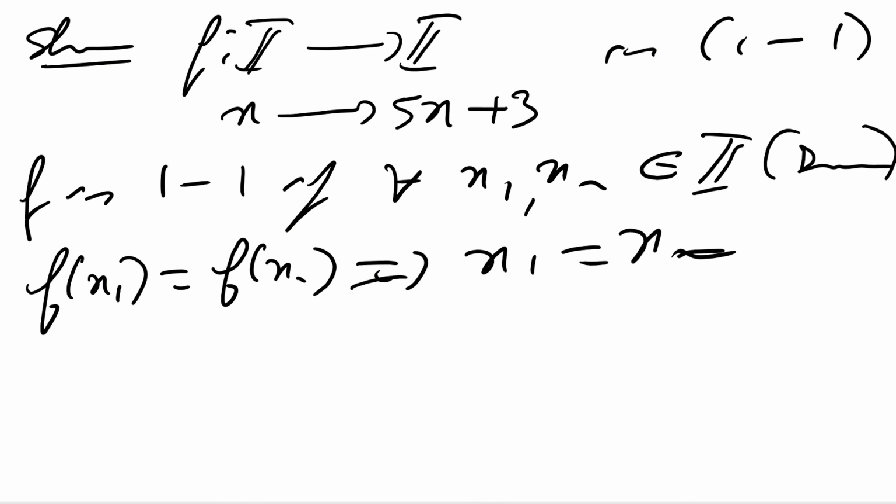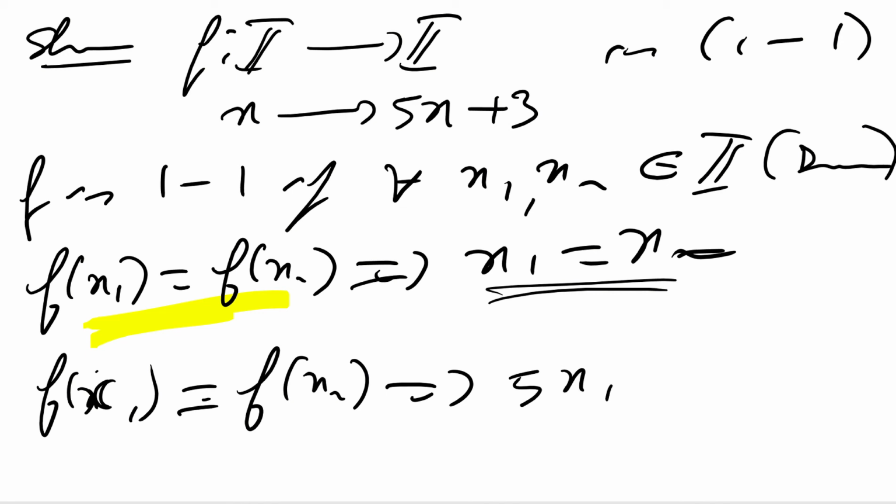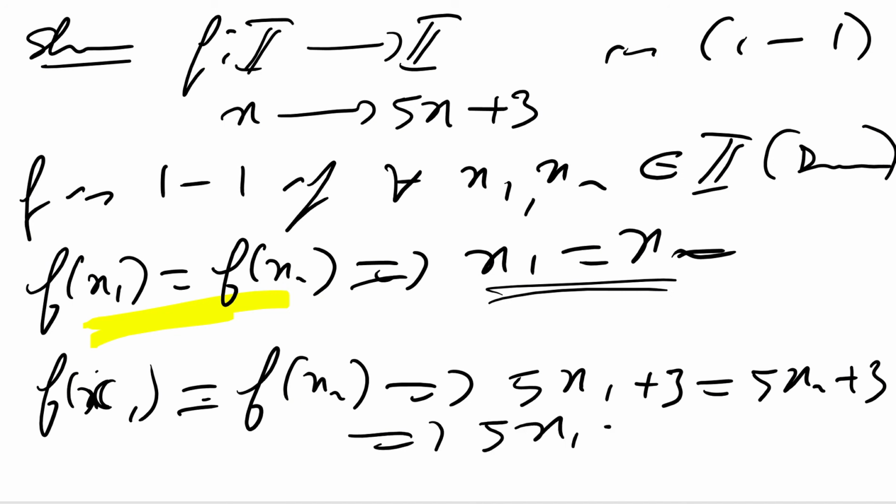So we go from this fact, then we try to show this. So f of x1 equal to f of x2, this implies 5x1 plus 3 equal to 5x2 plus 3, and then this implies 5x1 equal to 5x2, and then we can simplify the 5. This implies x1 equal to x2.